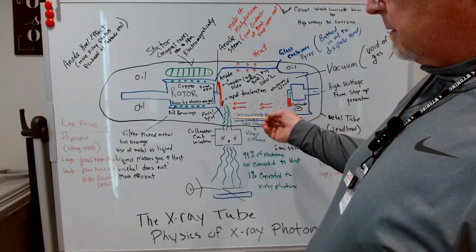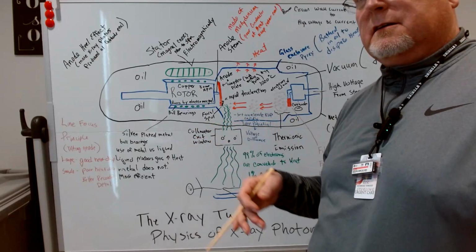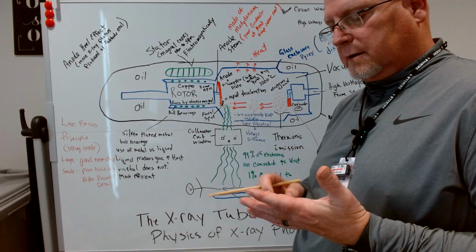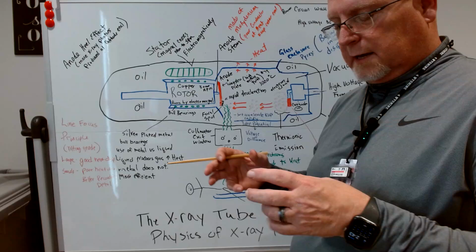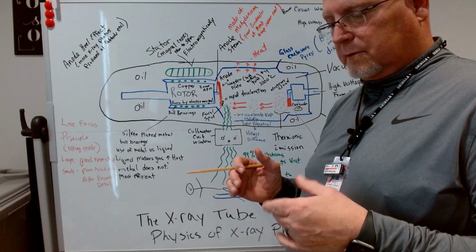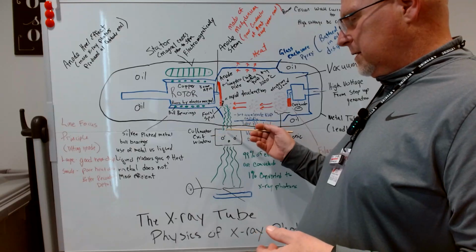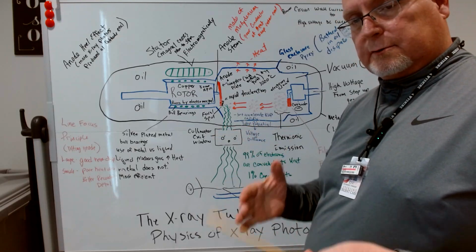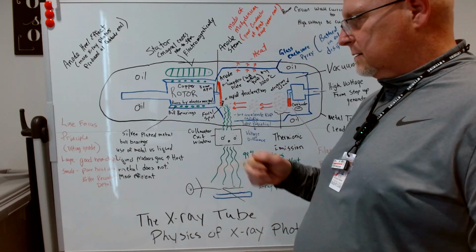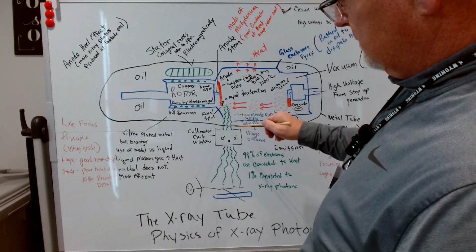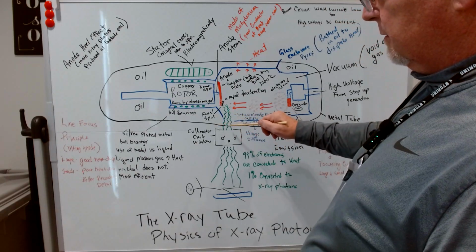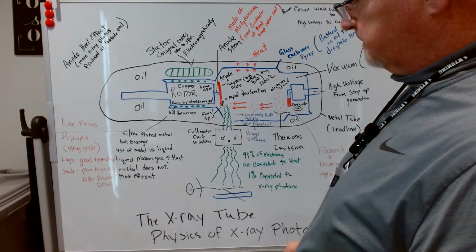There are a couple of filters there, and what the filters do is take away or inhibit the weaker X-rays from passing through. So once we get to the collimator here, we've got good, strong X-rays because all the weaker photons have been eliminated by a filter right here in the glass area.